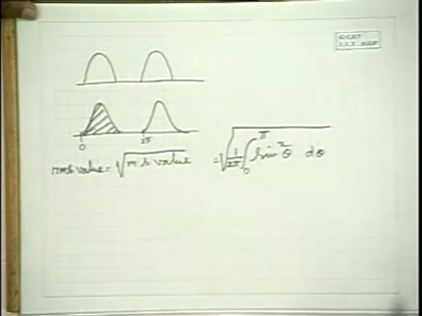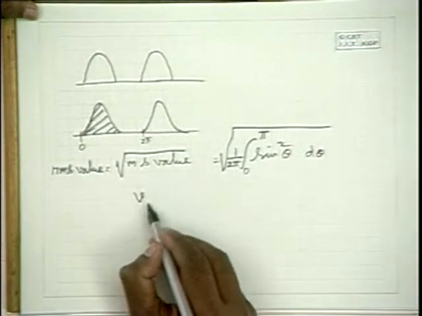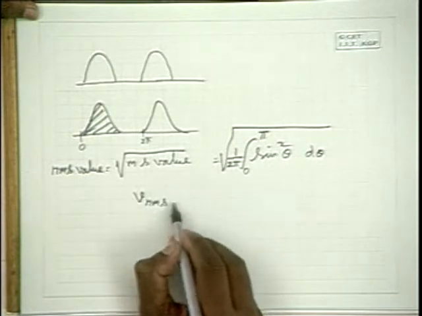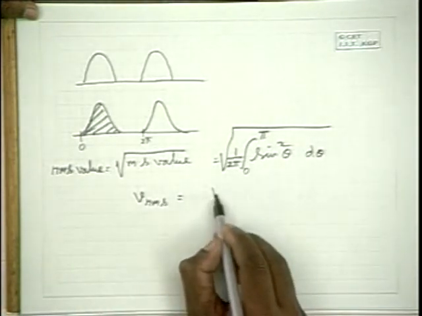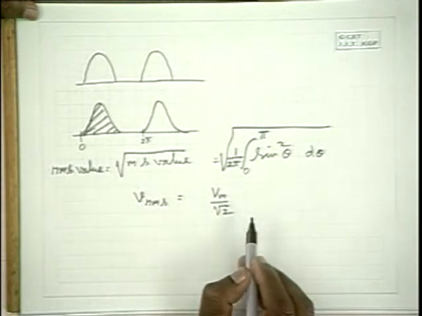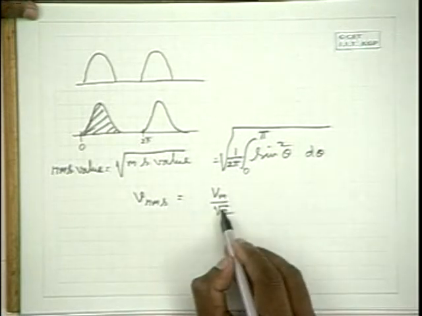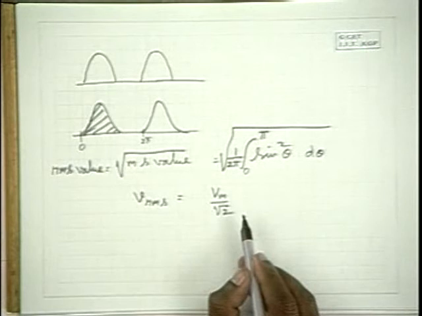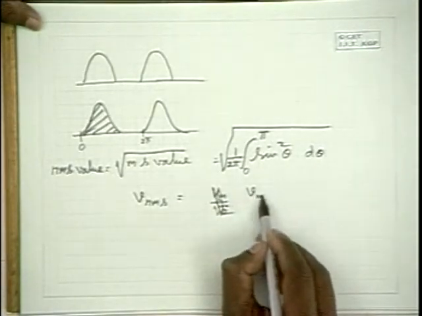The same way you can determine the RMS value of full wave rectified waveform also. And you will get VRMS as Vm by root 2. Earlier it was Vm by 2 root 2, and in this case it is Vm by 2.